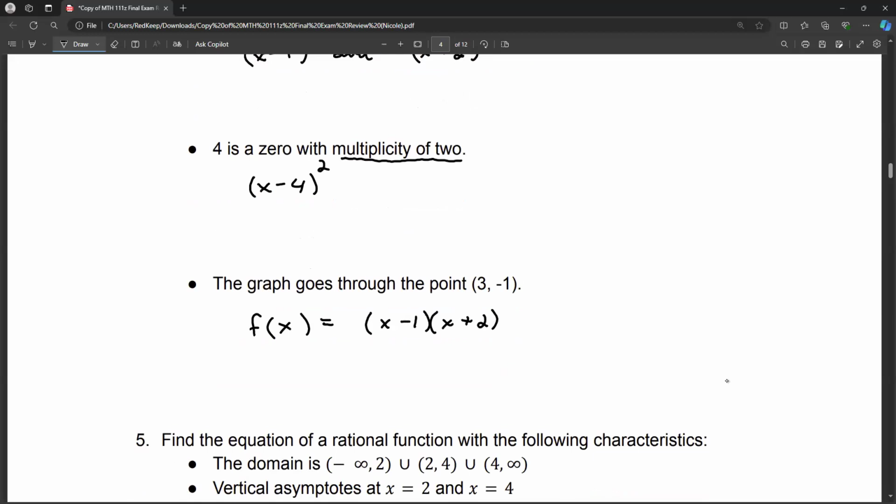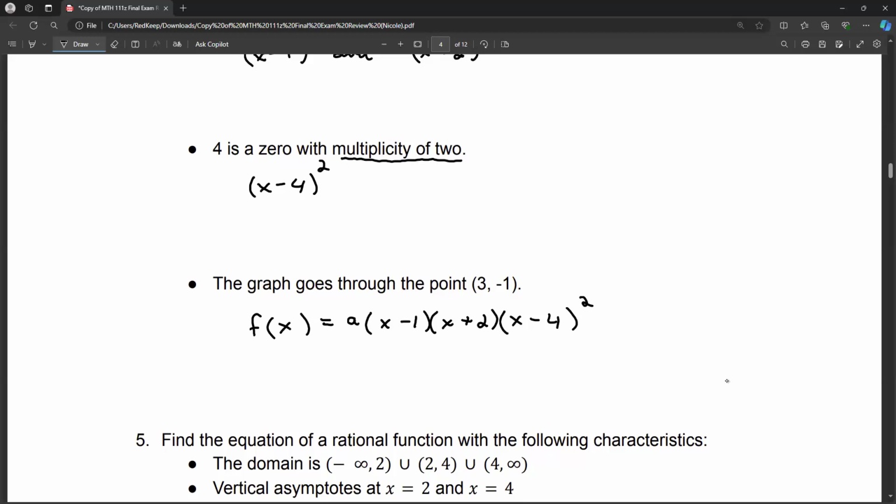Those were the first 2 factors that we observed. And then the last bit of information was that x minus 4 squared are the last 2 factors. And what I like to label here is I just put an a value in front for just some constant coefficient.